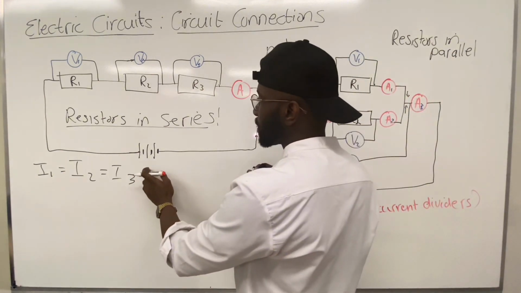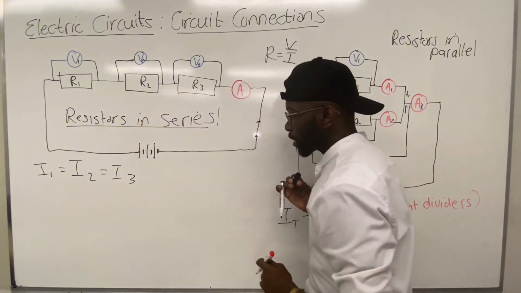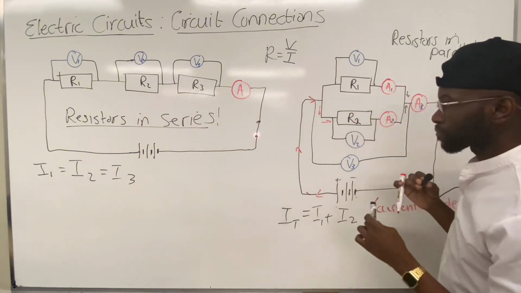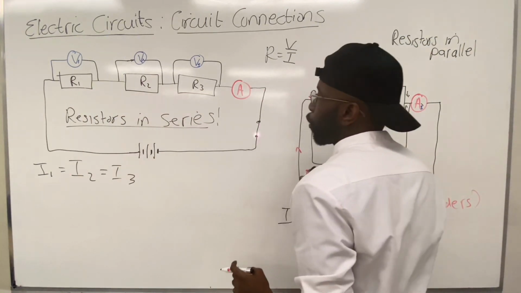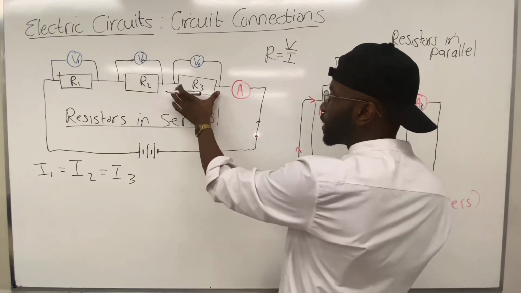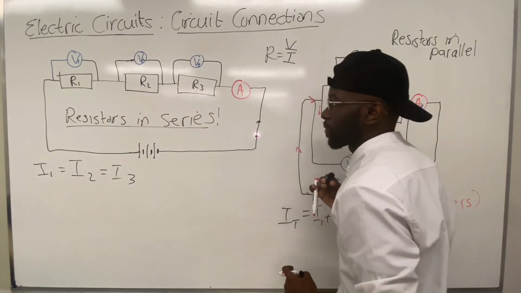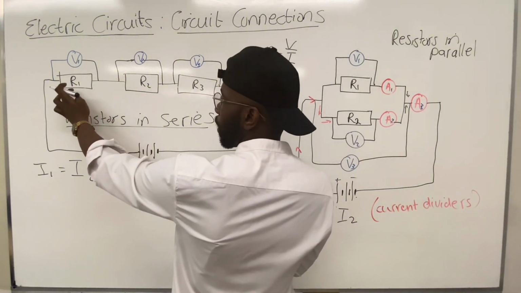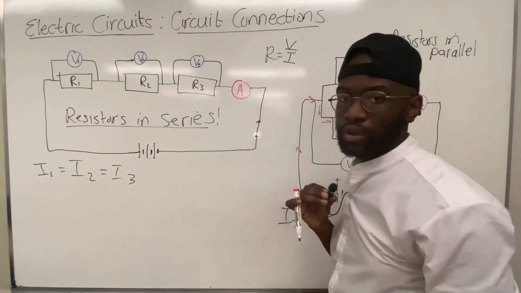But in here, the current will be the same at all three resistors. Now, on the same path, however, we happen to connect 3 voltmeters to the 3 resistors, which means that depending on the resistance of R1, V1 will have its own value, right?